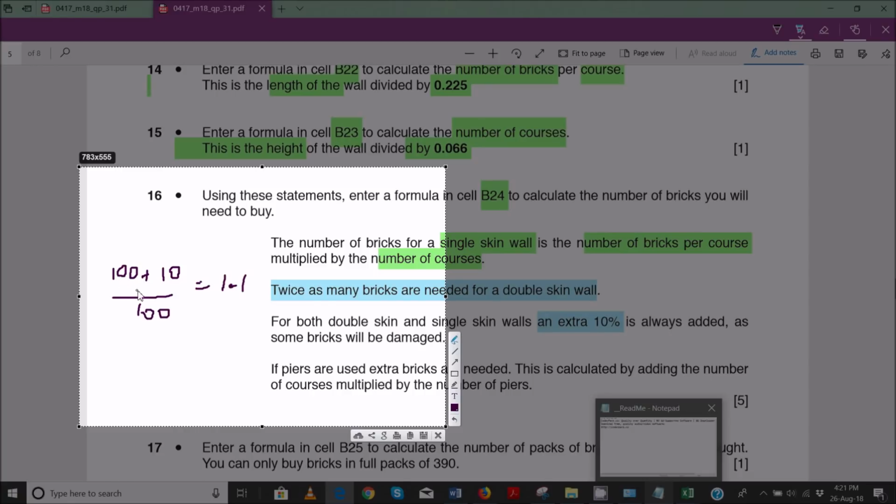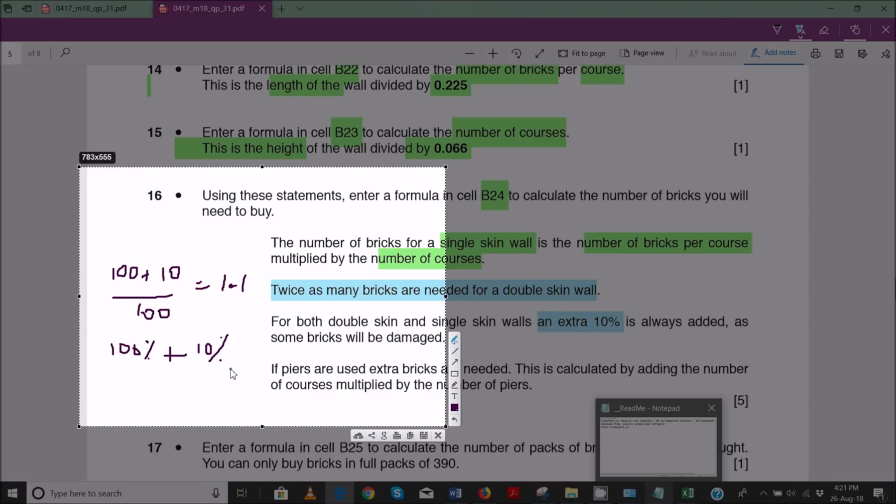So this is 100%. Let me try to simplify it for you. Say 100%, and you want to add 100% plus 10%. Why 100%?